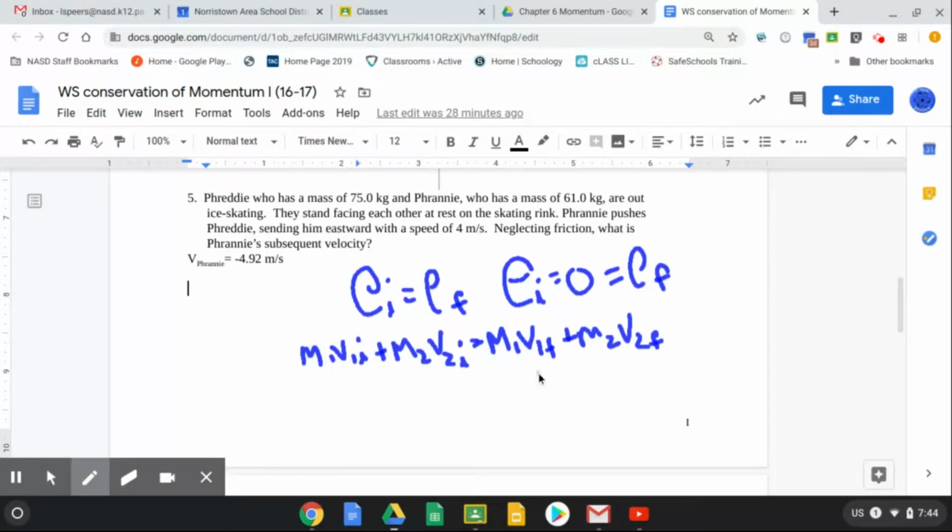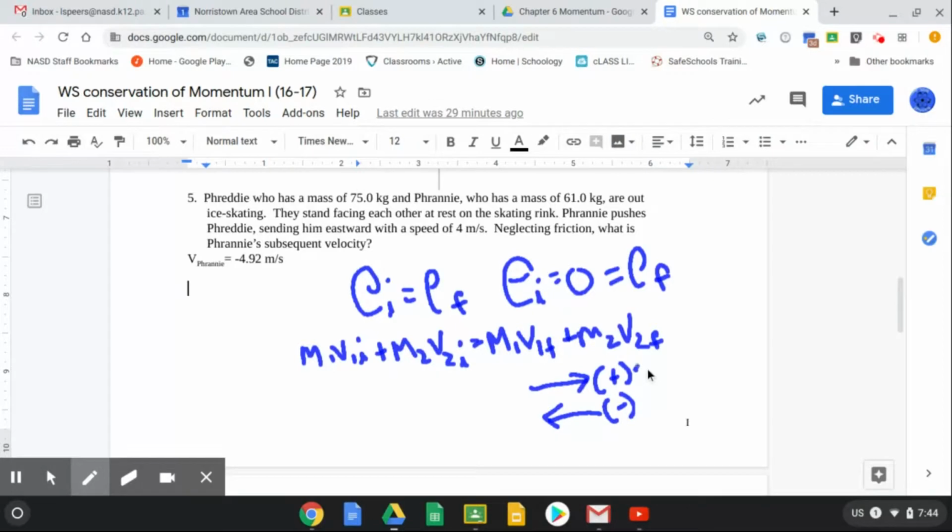Now, the only way that can happen, since momentum is a vector quantity and the direction of the momentum matters, is if one velocity is in the positive direction, thus giving a positive momentum, and the other velocity is in the negative direction, so that when I add the two momentums together, they'll come up with 0.